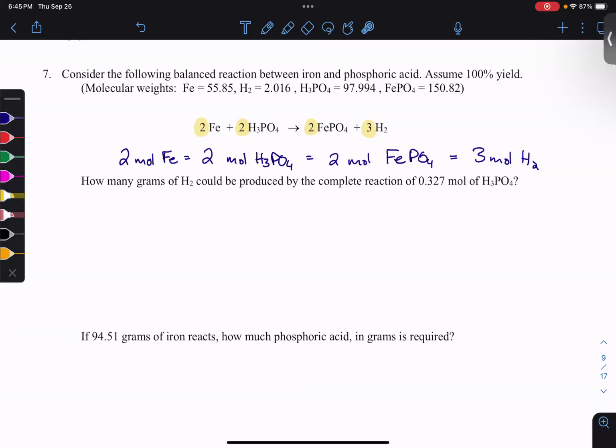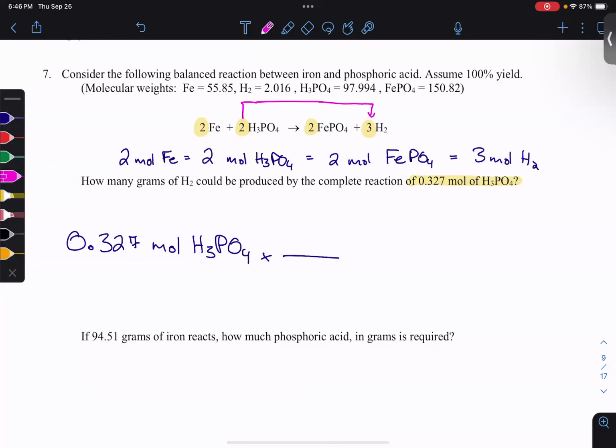So if I tell you how many moles of phosphoric acid is reacting, can I just go ahead and use stoichiometry? Look at the unit that I'm in. I'm in moles. So can I use the coefficients? Yes, I can. In this case, I'm going from phosphoric acid to where? Where am I gonna get off the bus? Hydrogen.